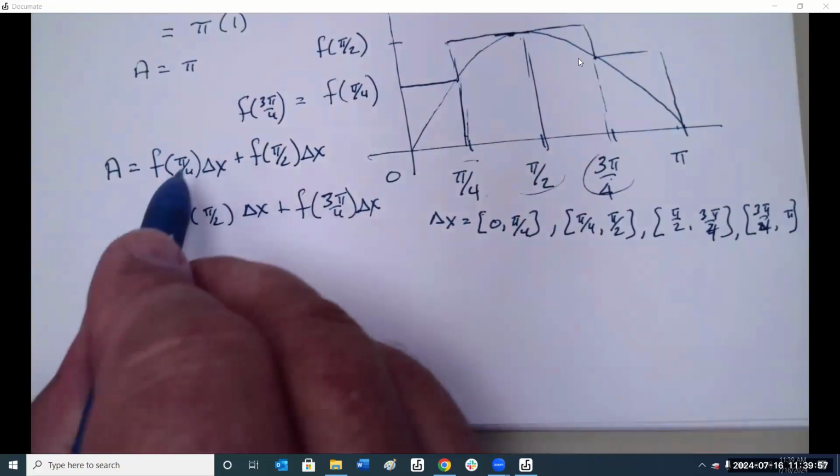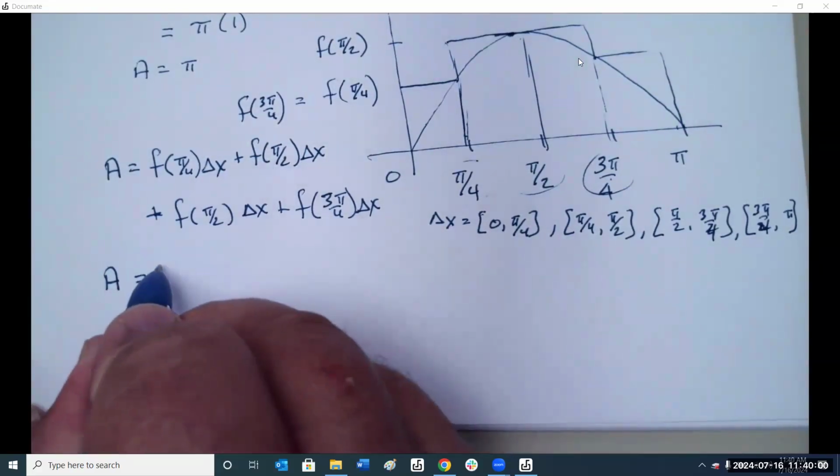So we can condense these since we have the same formula pretty much.